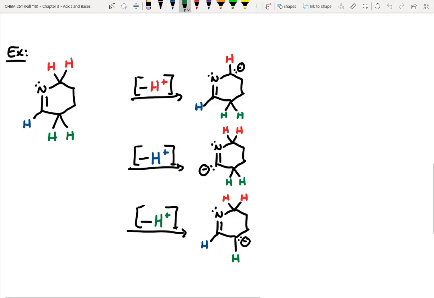So for example, I've got this negative charge. Can I form a pi bond right there? Well, if I do that, I have over an octet, but we can fix that. I can move those electrons over there.